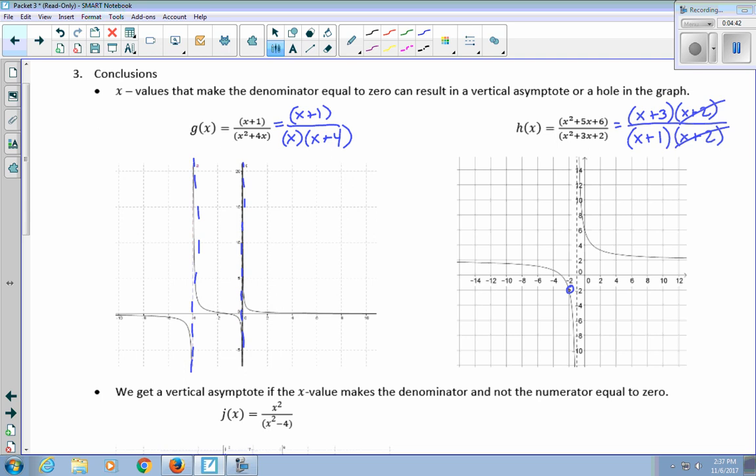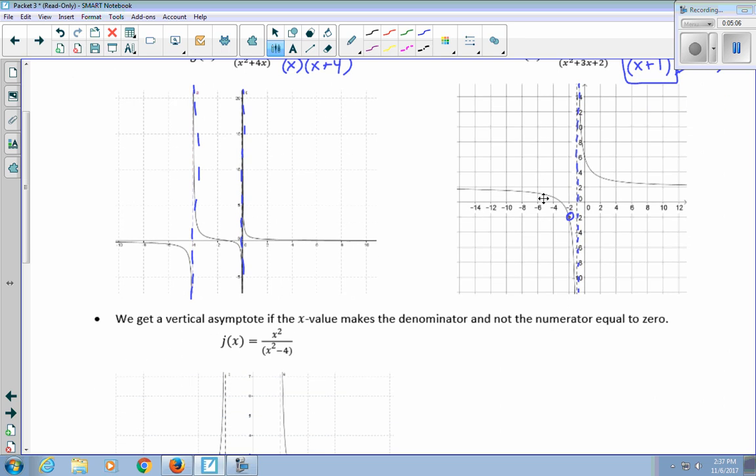Okay. Now, when I look at my reduced version of the function, the place where the denominator equals 0 is going to be a vertical asymptote. So when x equals negative 1, we've got this vertical asymptote. So x values that make the denominator 0 can result in a vertical asymptote or a hole.